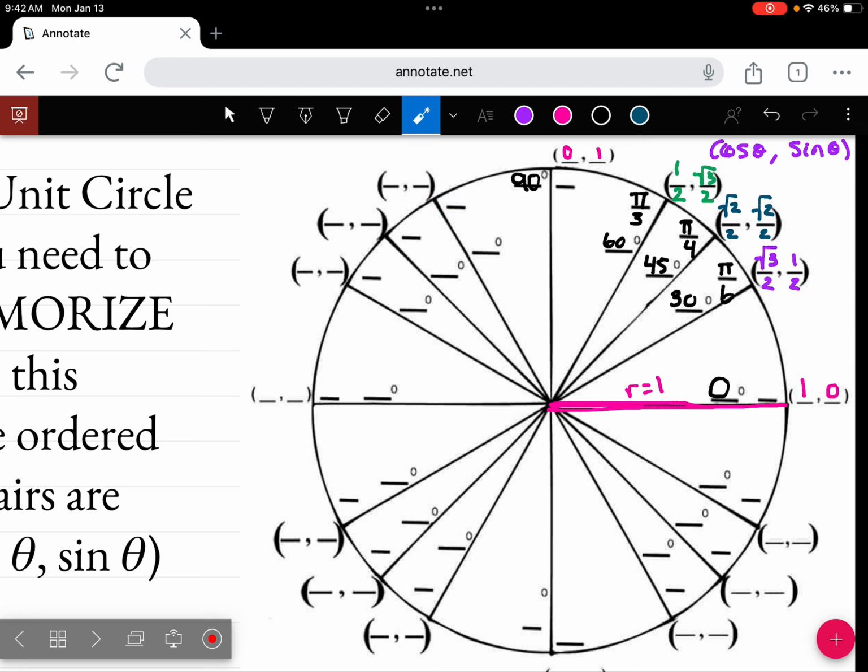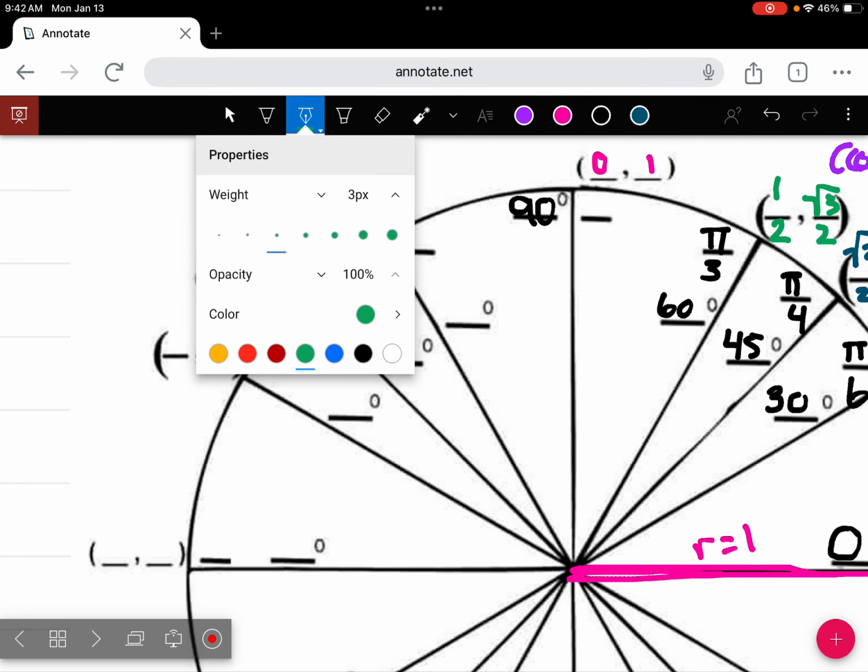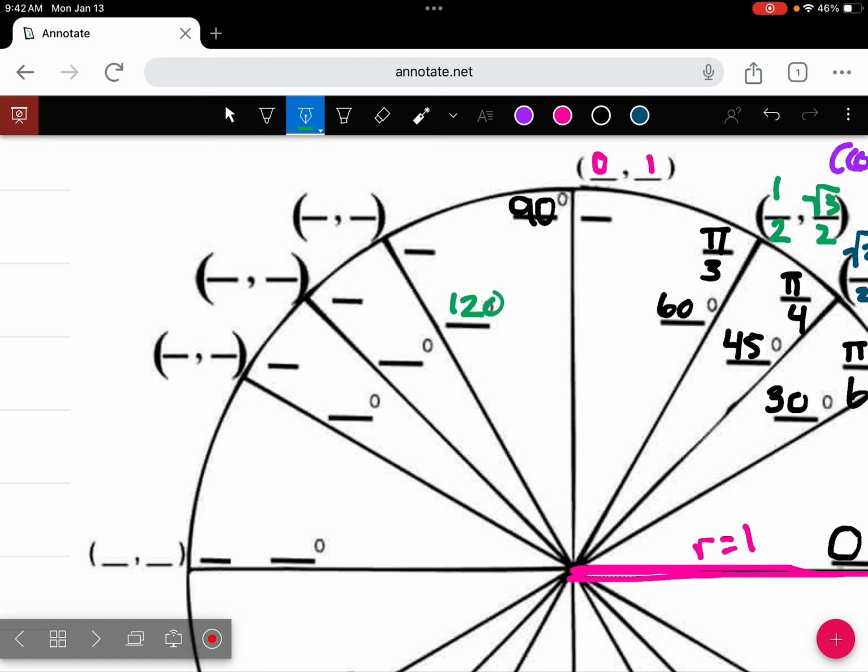My x. So our 60 degrees, when it matches up with our 120 degrees, our x's are negative. So we're going to have negative 1/2 over our square root of 3 over 2, which is still positive because my y's are positive.